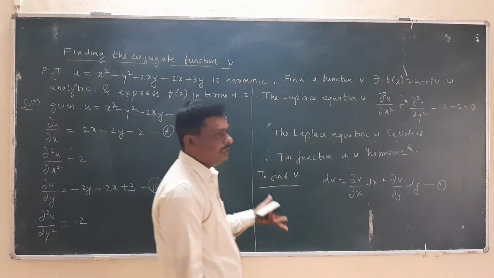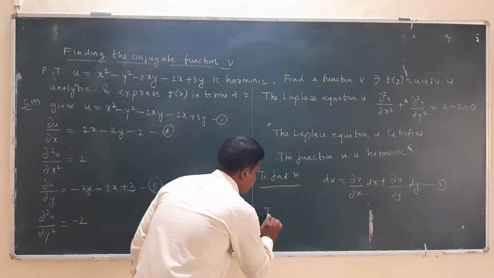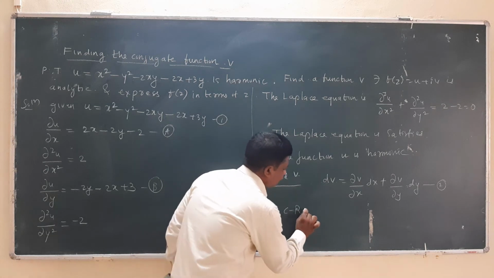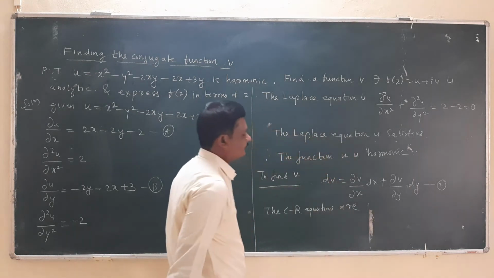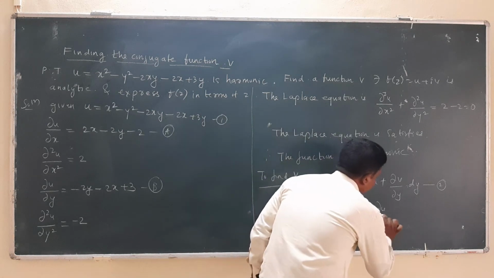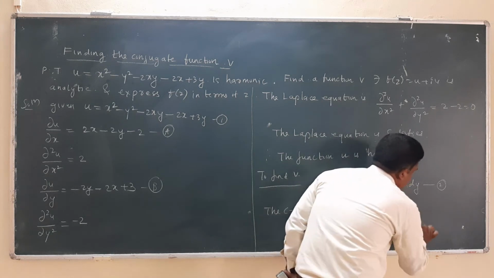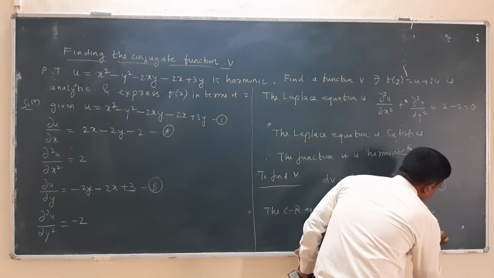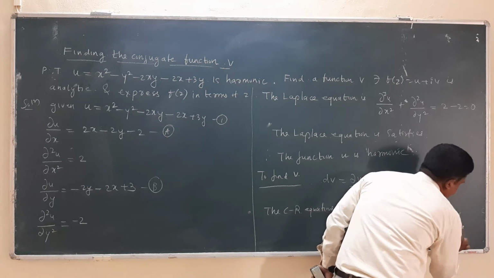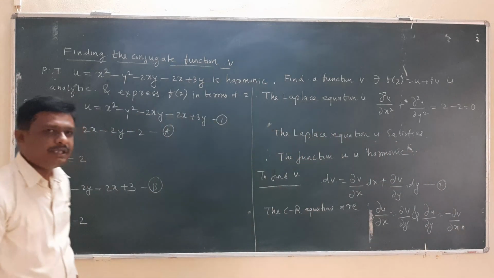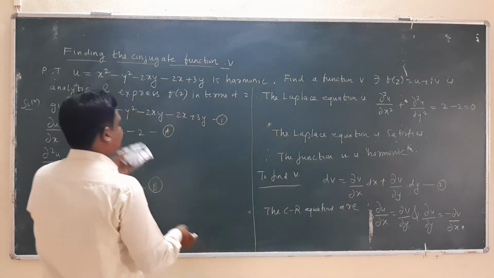Already given that the function is analytic, therefore it satisfies the CR equations. The CR equations are dou u upon dou x is equal to dou v upon dou y and dou u upon dou y is equal to minus dou v upon dou x. I will put these CR equations in equation number 2.